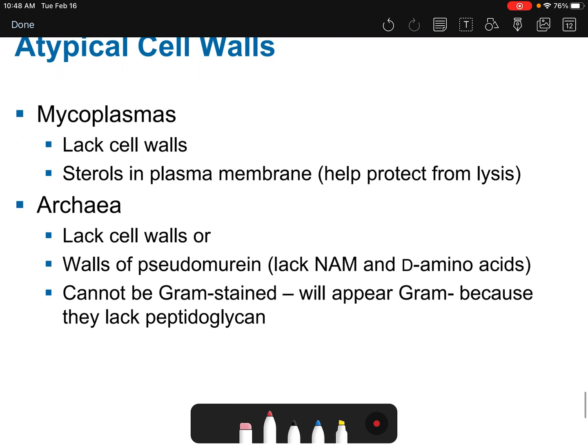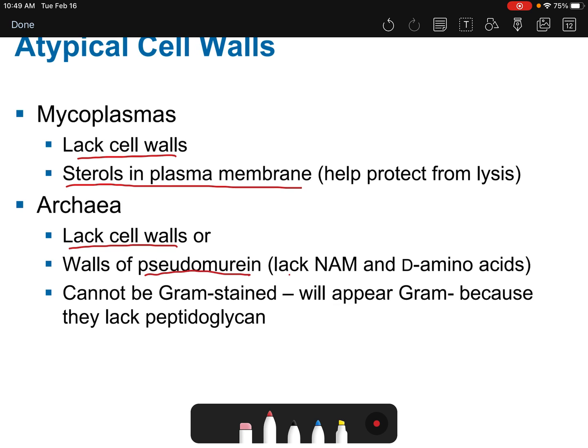Some of the mycoplasmas don't even have a cell wall, but they have sterols in their plasma membrane that help protect them from lysis. And then, of course, the archaea, that includes all the ancient bacteria, not all the bacteria that we work with. These do not have cell walls, or if they do, they're made of a substance called pseudomurein.